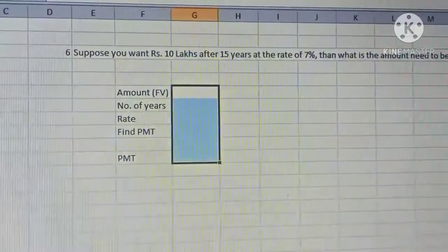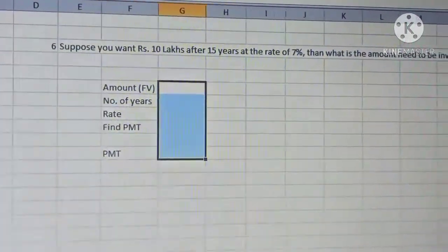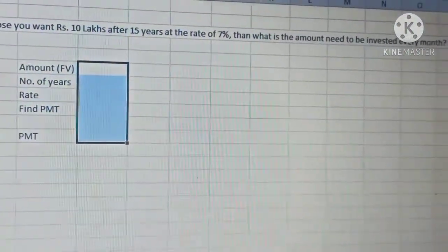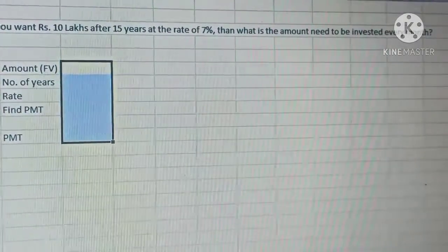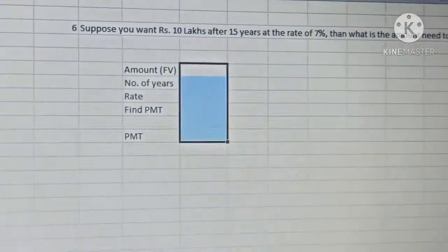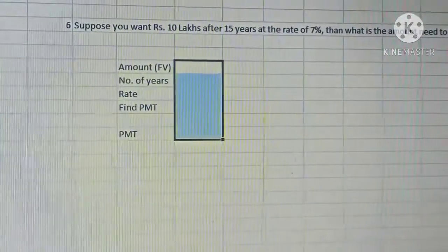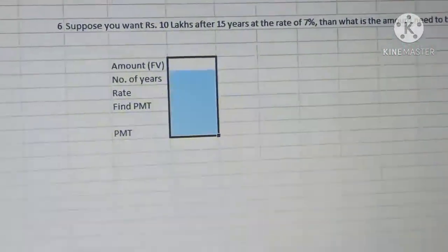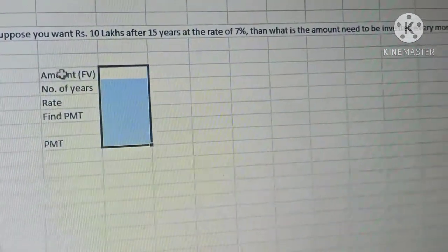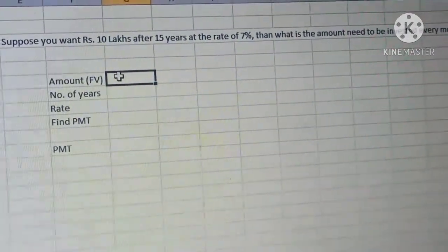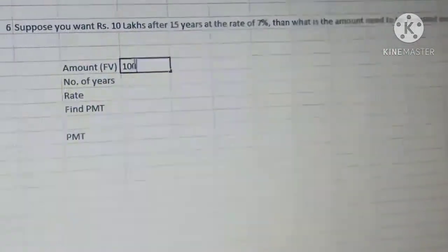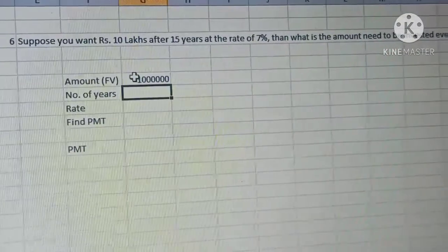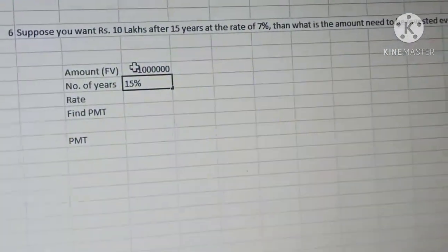Suppose you want rupees 10 lakh after 15 years at the rate of 7%, then what is the amount to be invested every month? After 15 years you want rupees 10 lakh, so that is your future value. The number of years is 15.